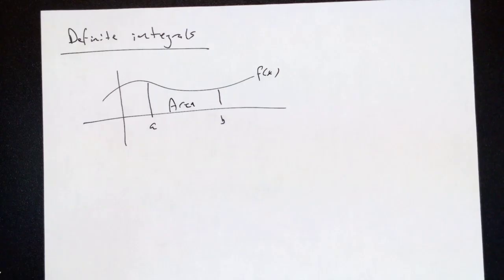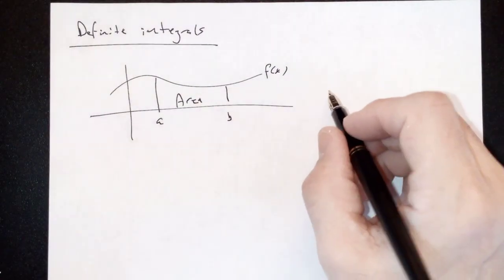The area under f, between f and the x-axis, between a and b, is given by our Riemann sum.